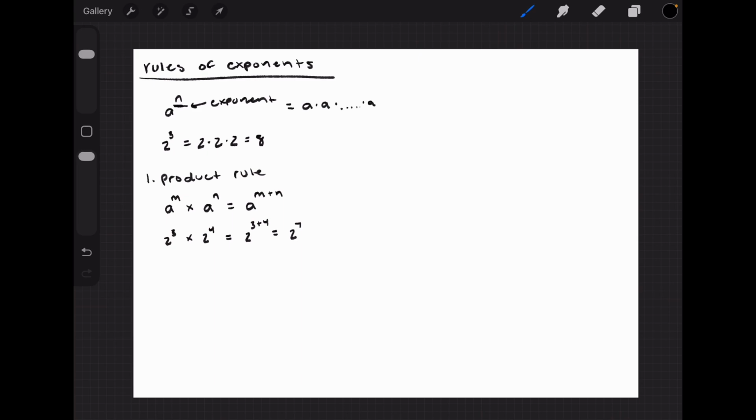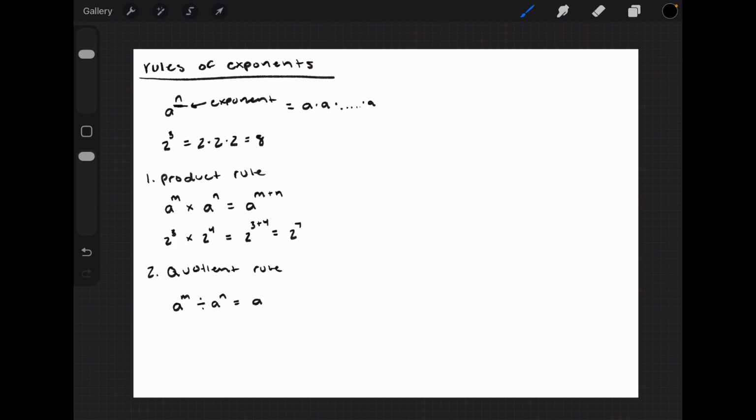Next, we'll be going over the one that's kind of like the opposite of it, which is the quotient rule. This one is when you divide two exponential expressions with the same base, you subtract the exponents. So again, we'll use a to the m divided by a to the n.